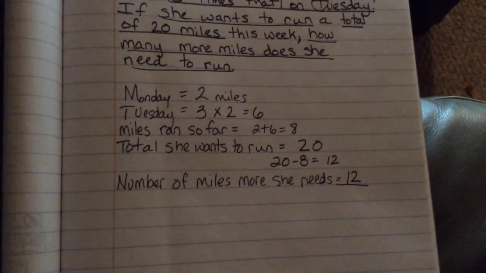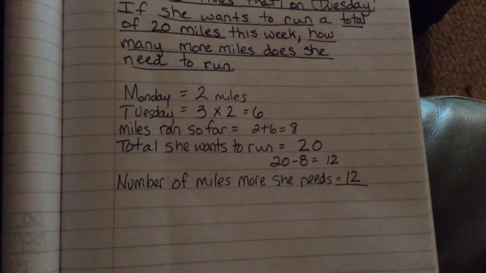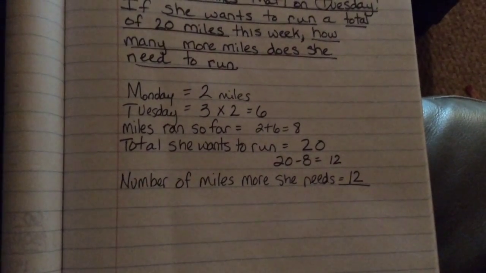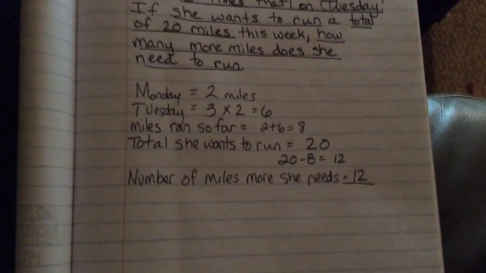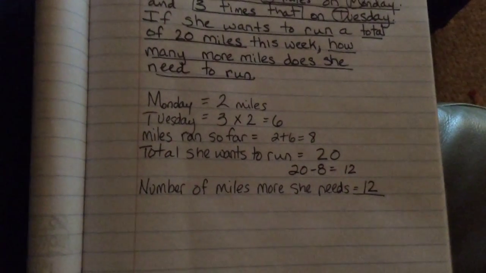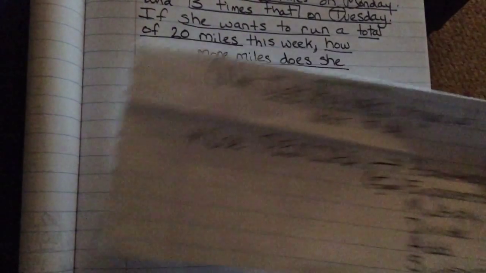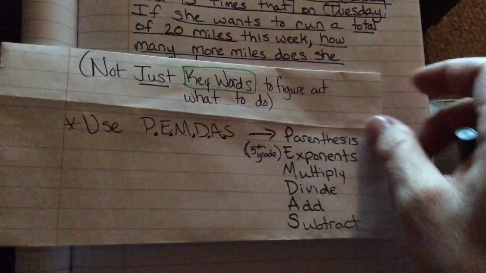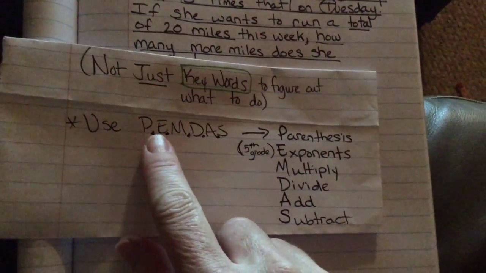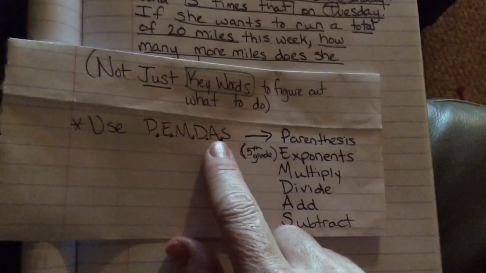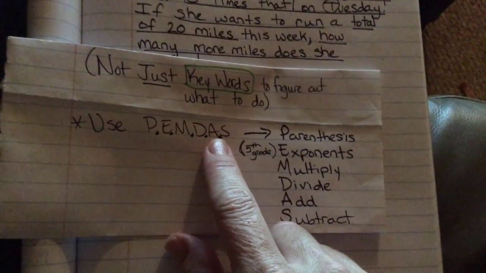We just have to take it one step at a time and pay close attention to all the details in the story, not just those key words. And of course, we need to make sure that we are following our PEMDAS rules, because if we don't go in the order that it is here, we don't get the correct answer.